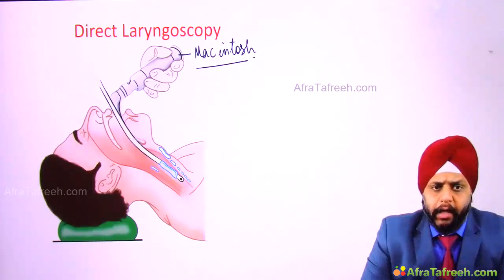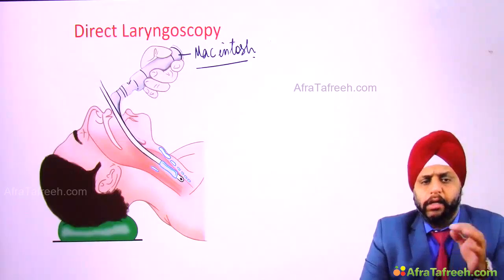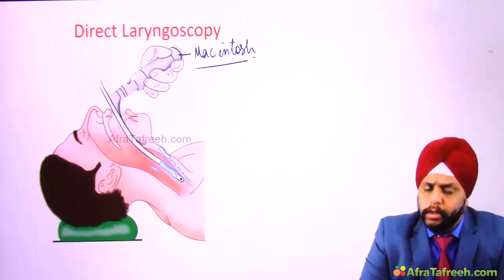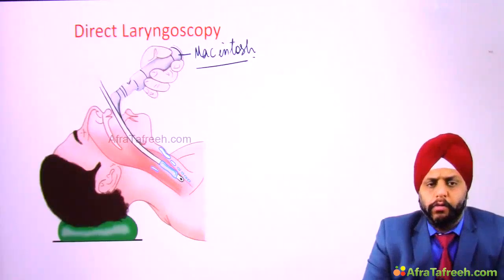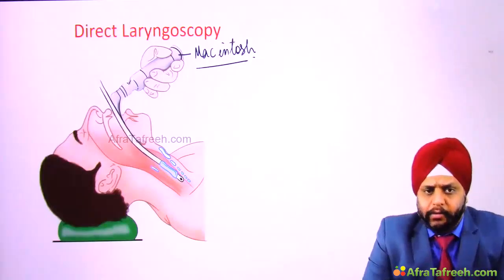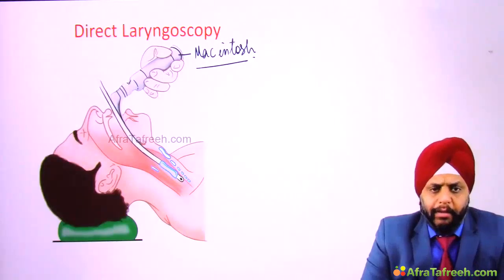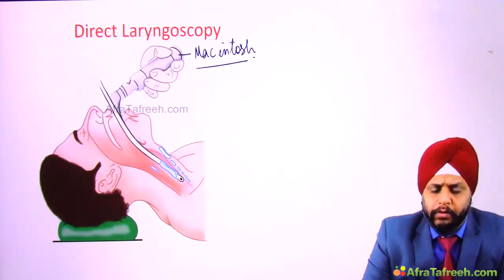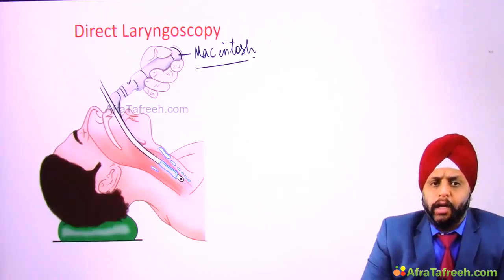They visualize the larynx, they do a laryngoscopy, and then they insert the endotracheal tube through the larynx into the trachea. They do this almost on a daily basis, multiple times. We ENT surgeons also use a laryngoscope. That is a little different from this one, and it is generally used to do procedures and biopsies in the larynx.